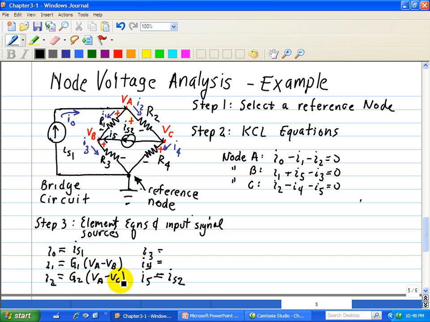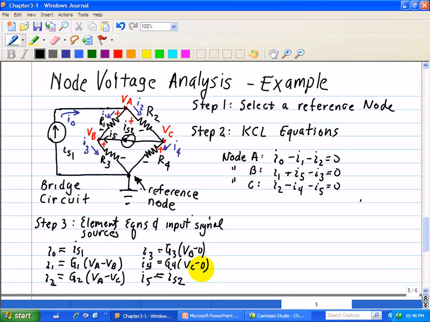Now I3 is right here, so it's G3 times VB minus 0. And then I4 is G4 times VC minus 0.